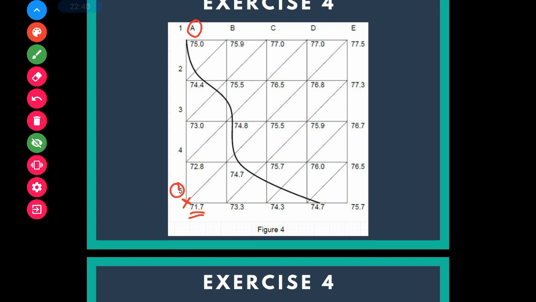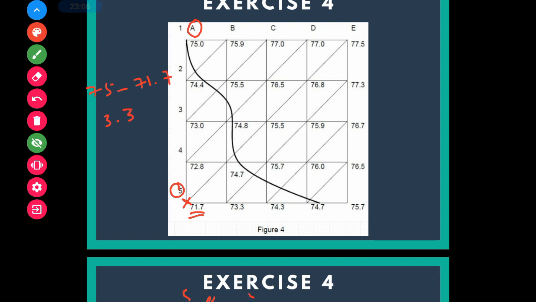Your original height is 71.7 and your desired RL is 75, meaning that you need to fill a height of 3.3.